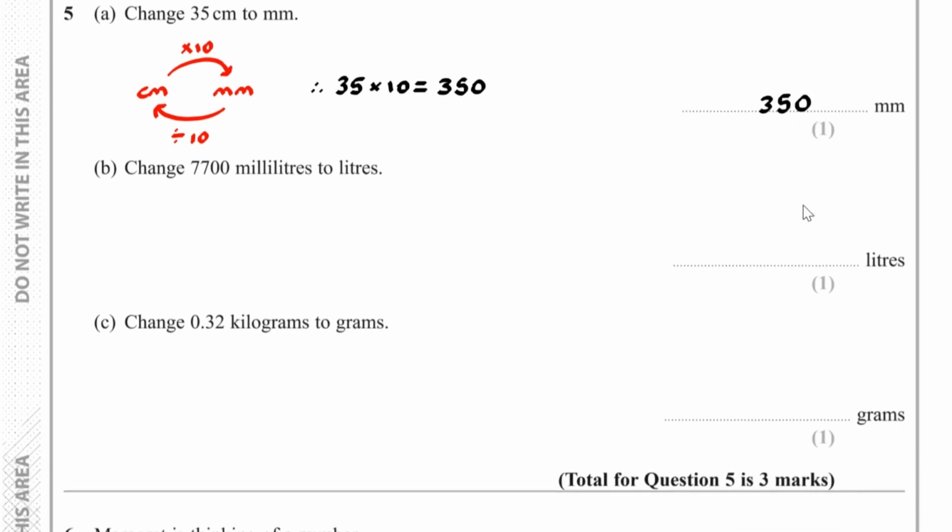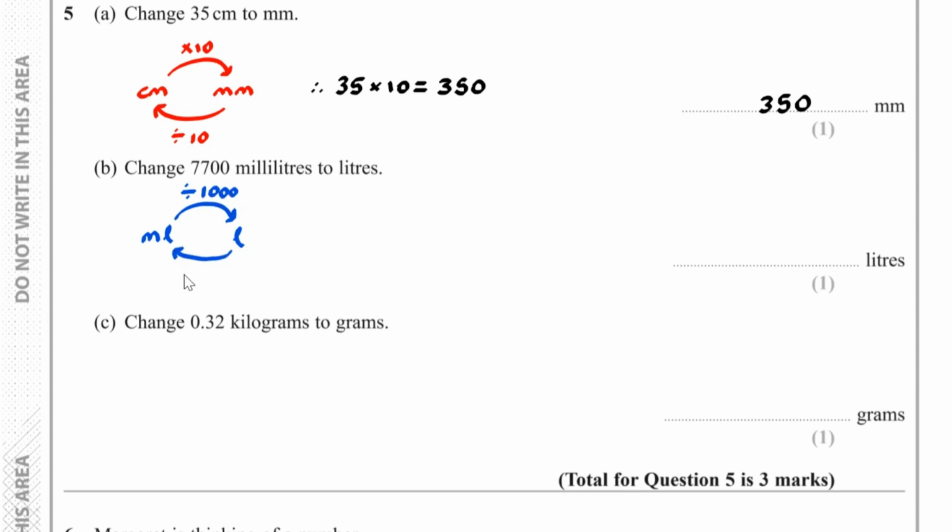For part B, we have to change 7,700 milliliters to liters. To go from milliliters to liters, we divide by 1,000.